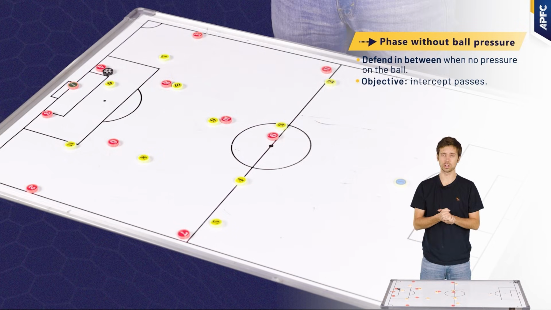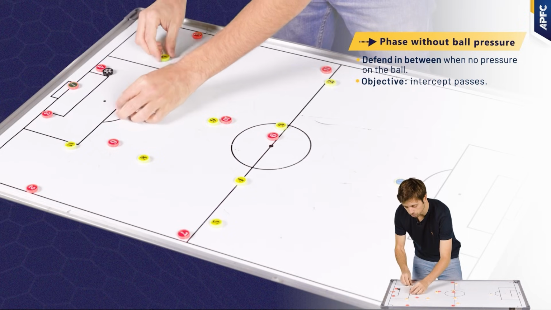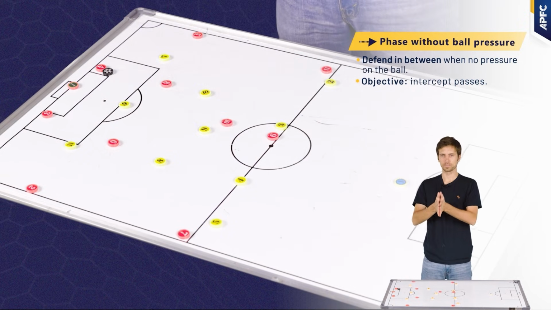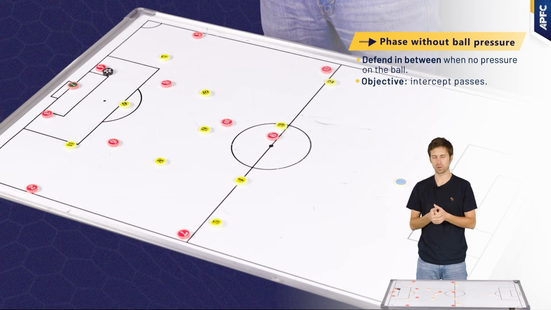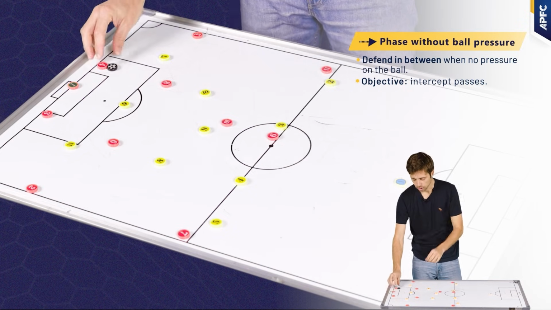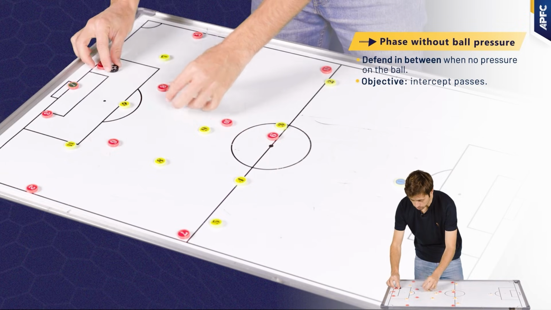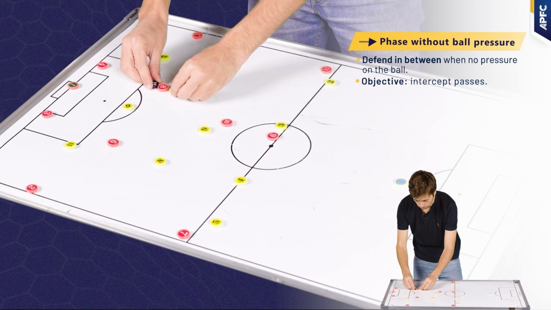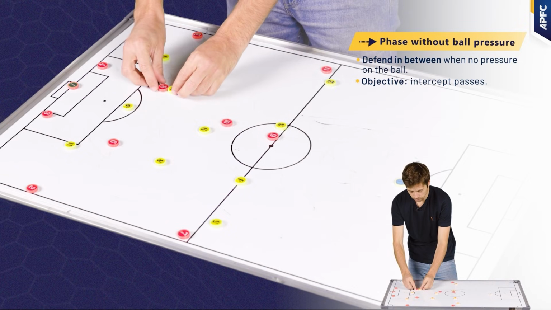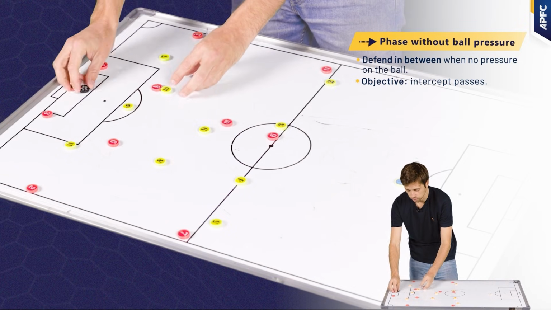But how do we transition into this phase? Remember the pressing signals. We have talked about different situations where we will take advantage and try to put pressure on the ball. I'll give you some examples. For example, if the opponent decides to play to number 8 or number 10 and tries to put pressure on the ball, he's not able to anticipate, but he makes him play back into the goalkeeper.